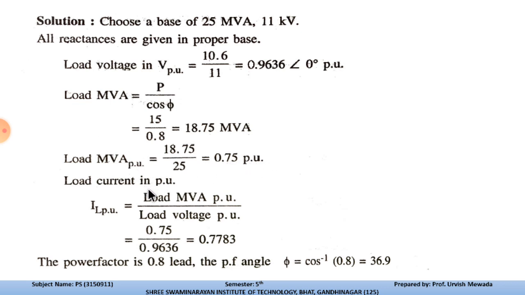Now load current in per unit, IL per unit, is equal to load MVA per unit divided by load voltage per unit. So 0.75 divided by 0.9636, and after putting these values we will have IL PU, that is 0.7783.